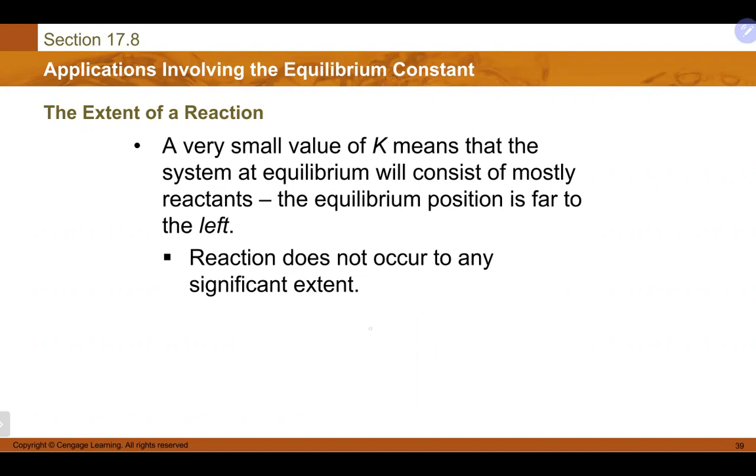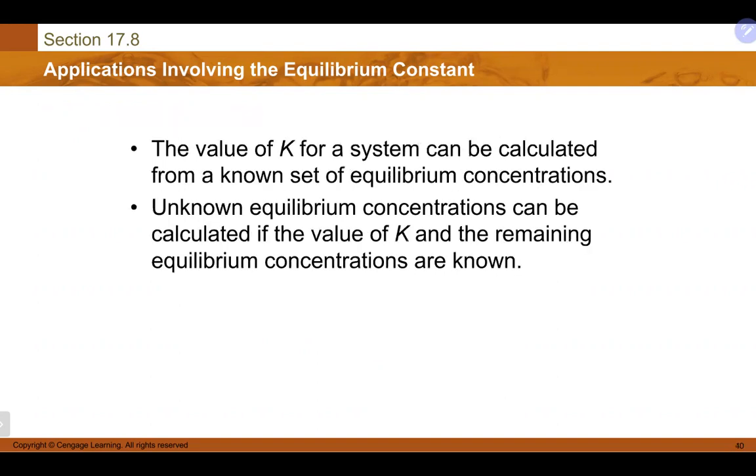In a situation like that, it pretty much means you have all reactants. Not much of it is going to the product side, but it is still a reversible reaction, so there is still a little bit of it breaking apart on the product side. So there are various degrees of K, and in some cases we assume that even though it is a reversible reaction, it's pretty much all going one way or the other, depending on the value.